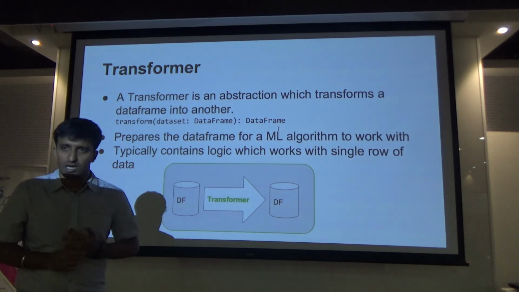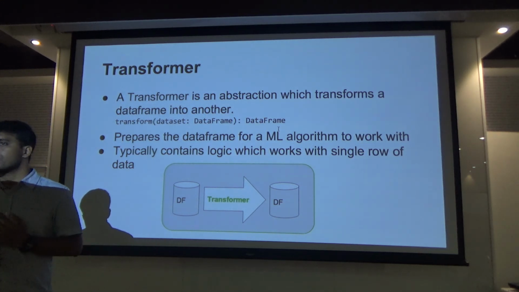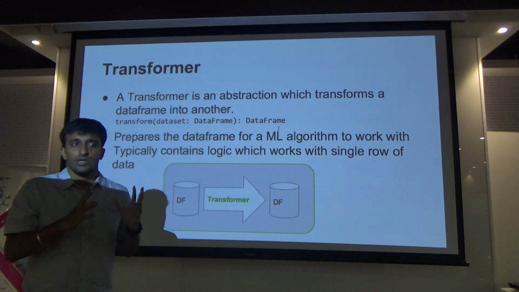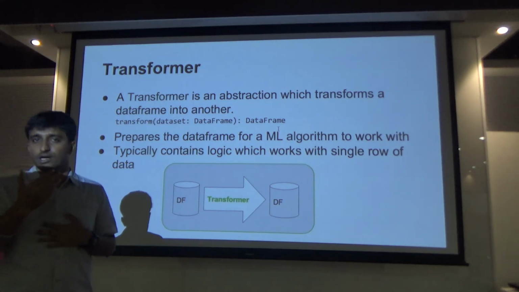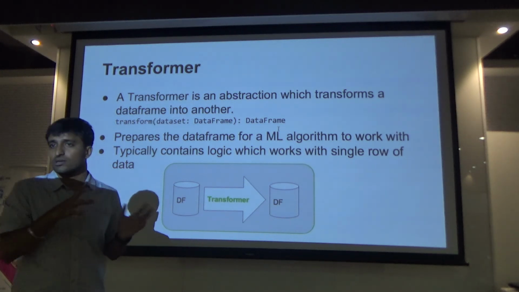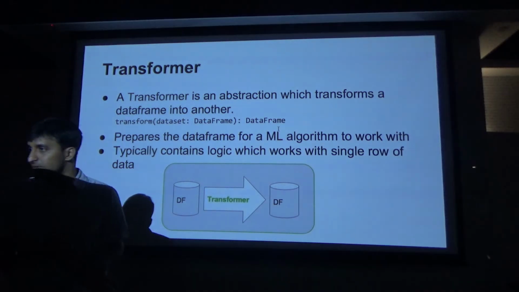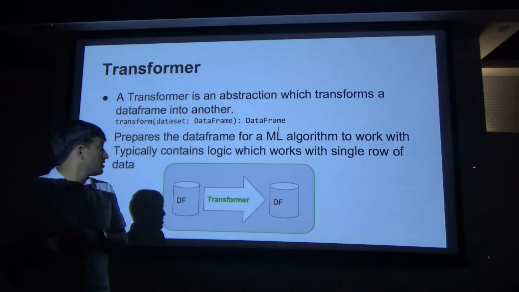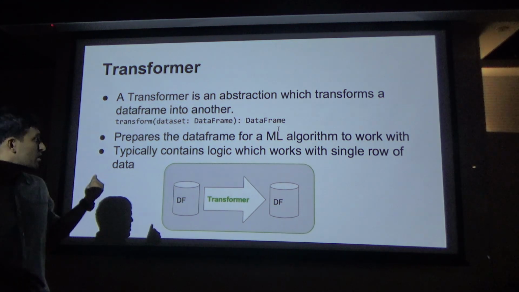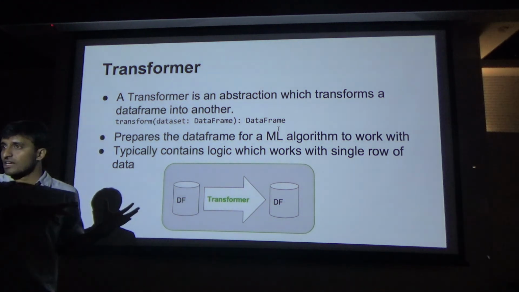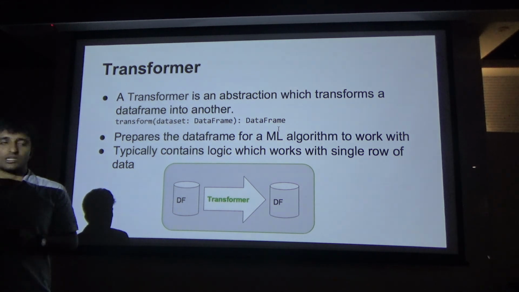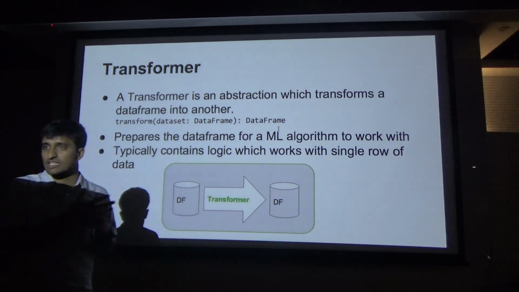Normally this transformer is used where you are doing some logic on a per row basis. You take a row of data, you do some transformation, and then you write the row. So the logic is it takes a data frame and gives out a data frame. That's what a transformer is.